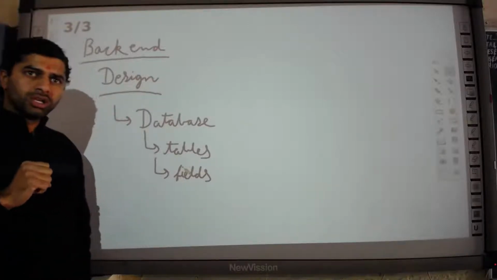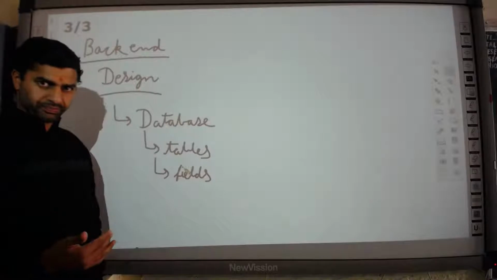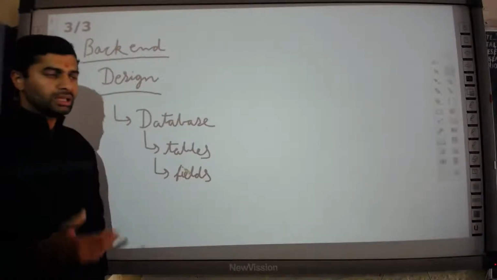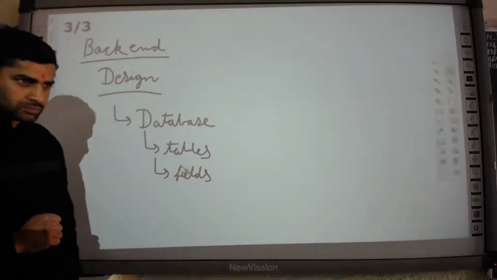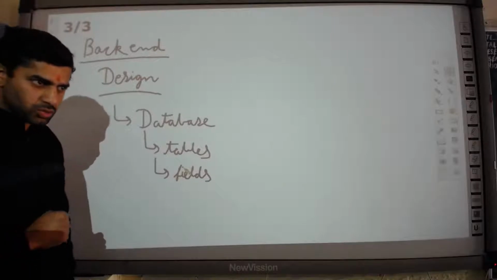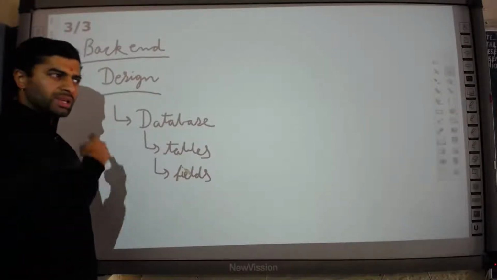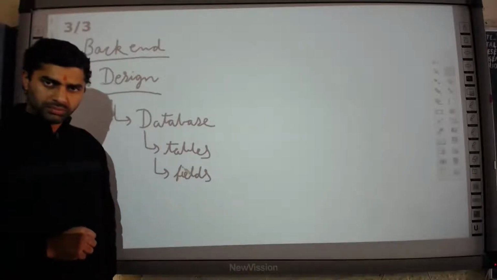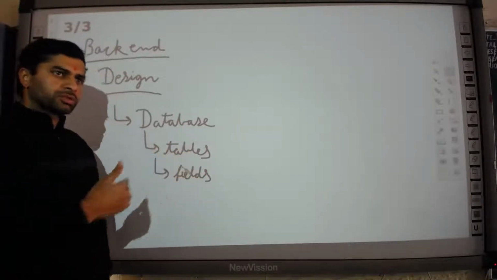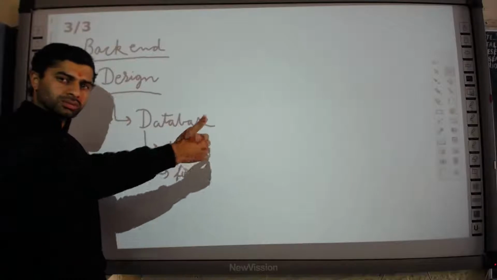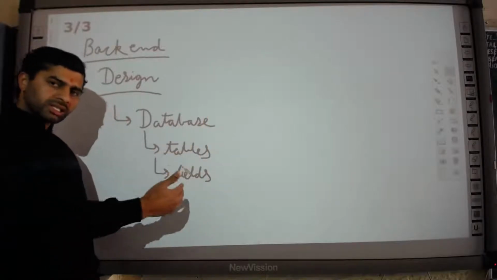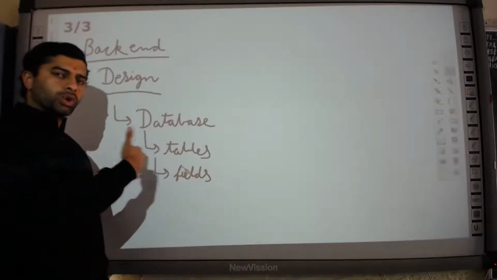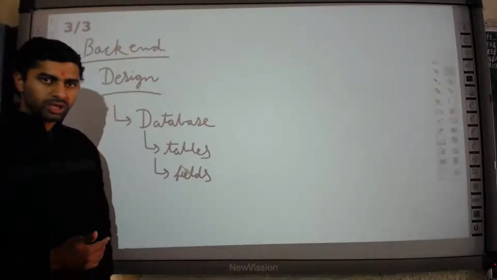The approach is to use more and more tables. Okay. Suppose we are working on a student database. So one table should be related to the basic details of students. Okay. Another table should be related to its examination part. Another table should be dealing with the co-curricular activities part.